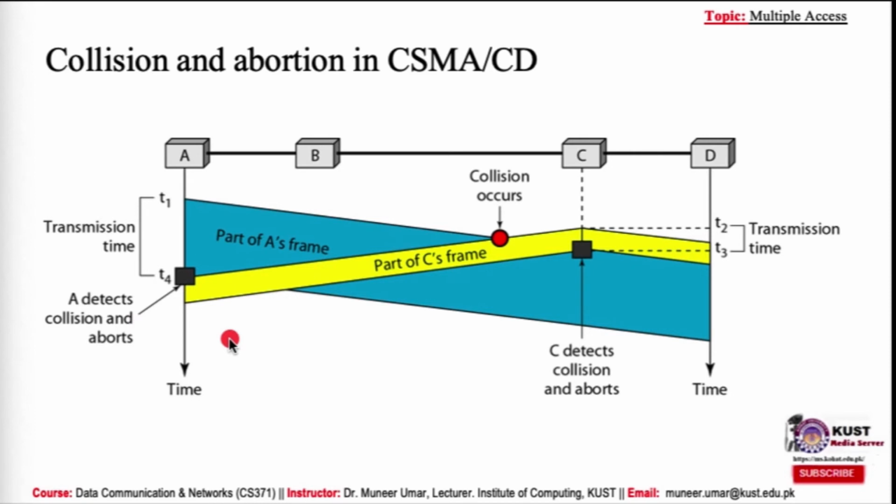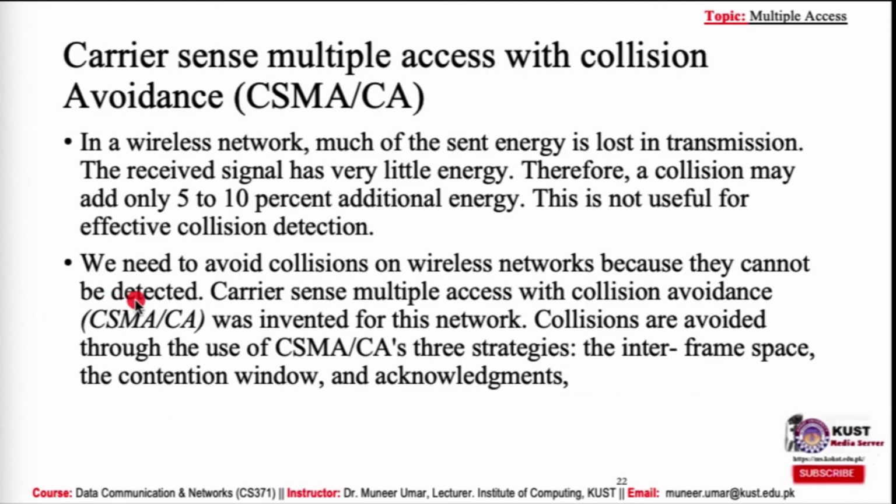In other words, the signal from the second station needs to add a significant amount of energy to the one created by the first station. Note one thing, that in wired networks, the received signal has almost the same energy as the sent signal, because either the length of the cable is short or there are repeaters that amplify the energy.